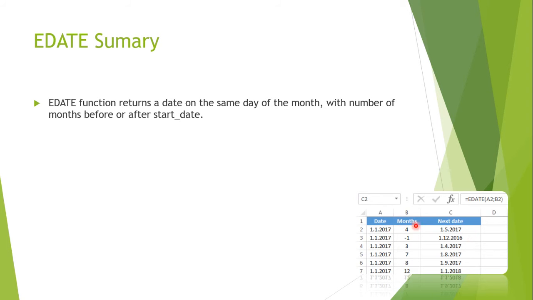So using positive numbers, we will receive a date after the start date, and using a negative number, we will receive a date before the start date.